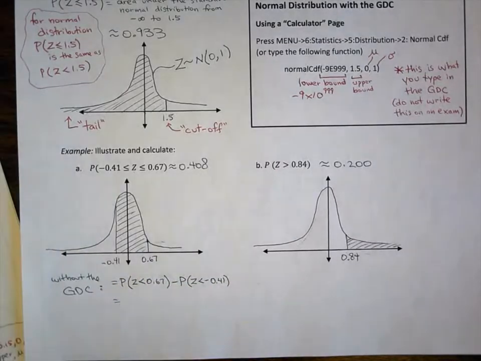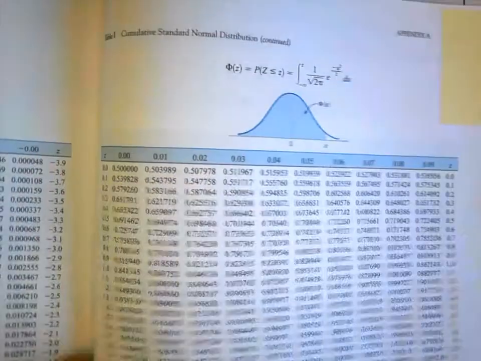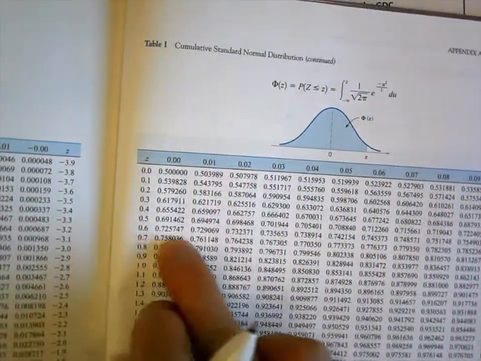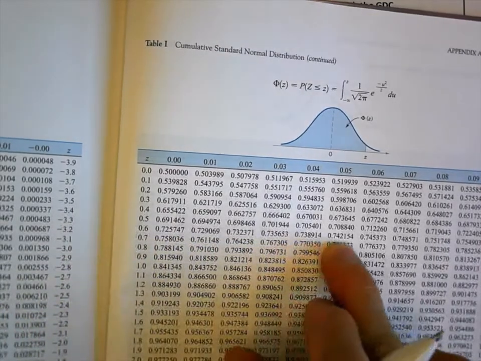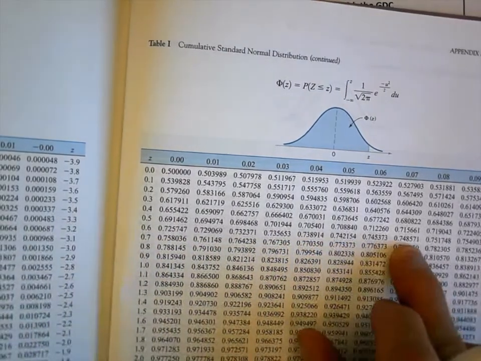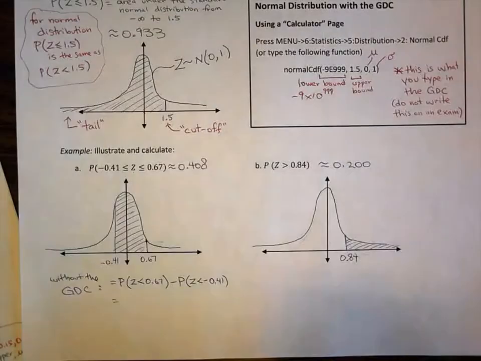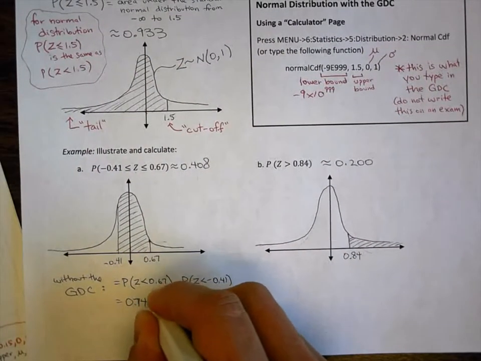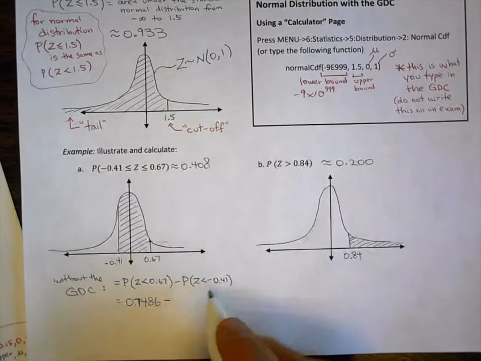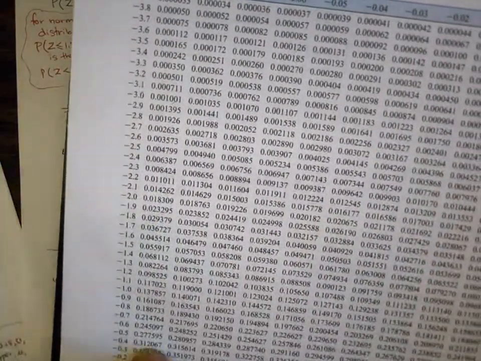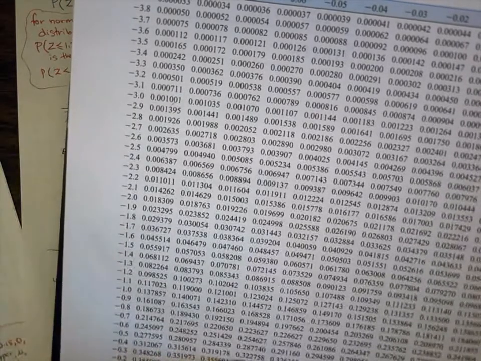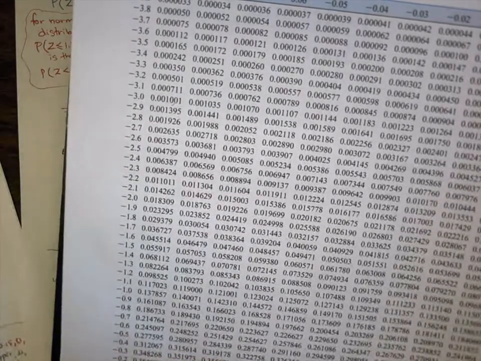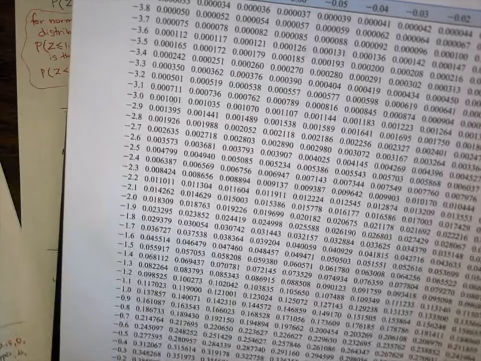If I look that up in my tables, so 0.67, so there's 6. So 7486, 0.7486 minus the probability Z is less than negative 0.41. That's on this side. Negative 0.41 is here, 3409.